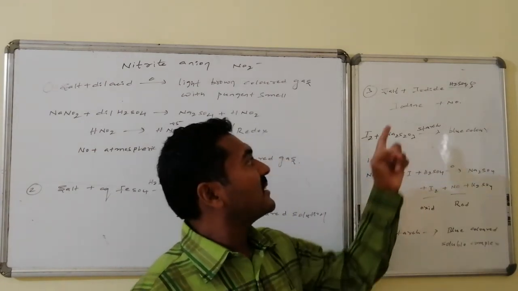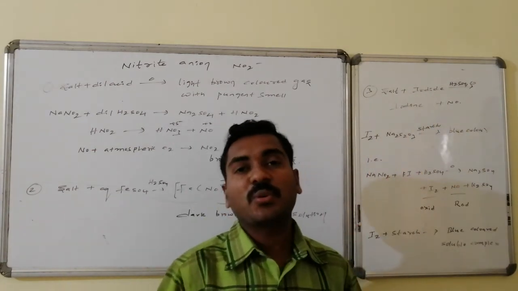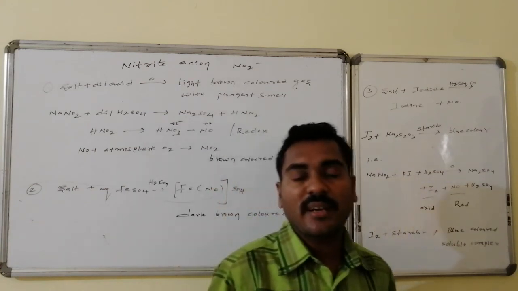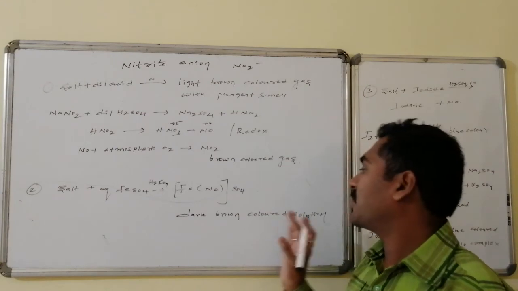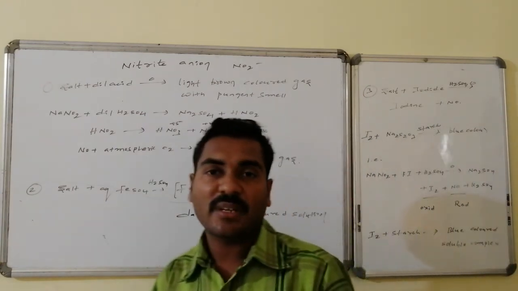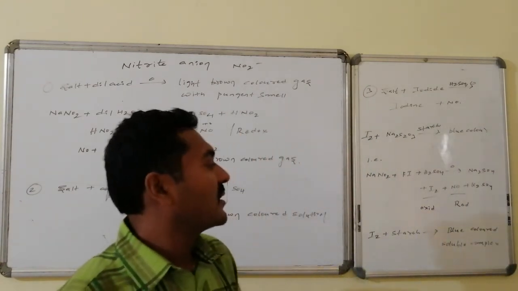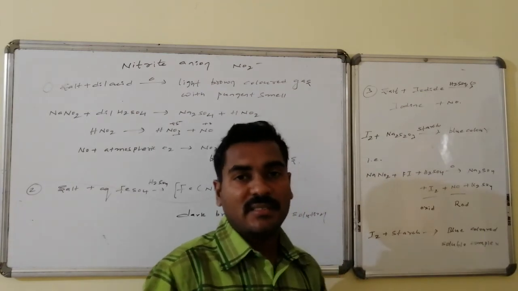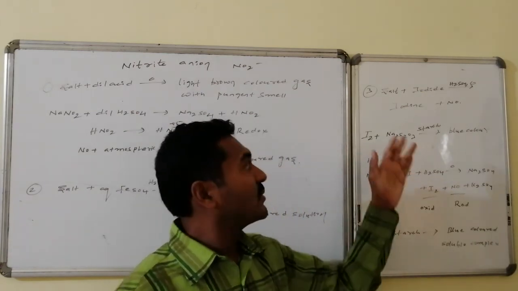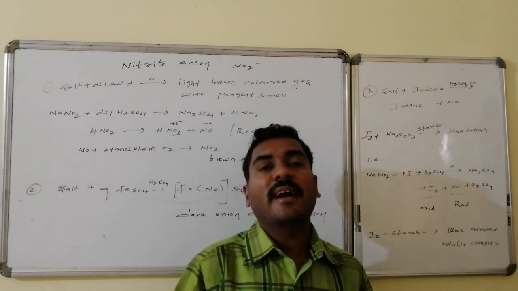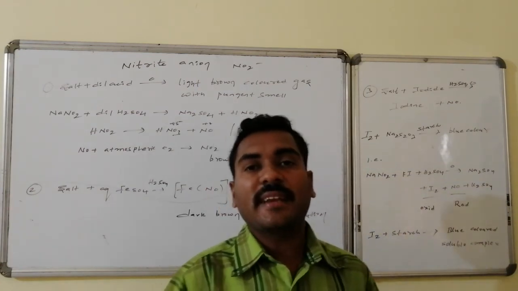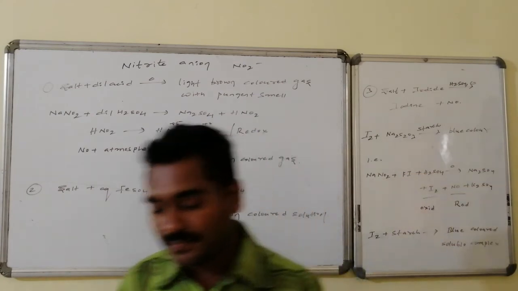That oxidizing agent is nitrite, NO2 minus. Thus it can be confirmed first by the brown colored gas, second by the dark brown colored formation with ferrous sulfate, third by complexation with starch of the liberated iodine on reaction with potassium iodide. These are the confirmations and identifications related to the nitrite anion NO2 minus.